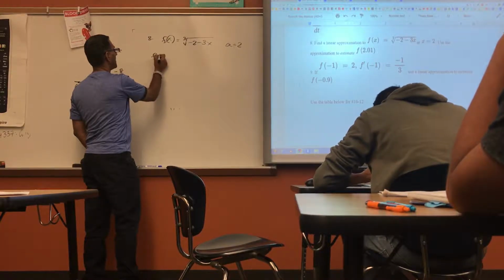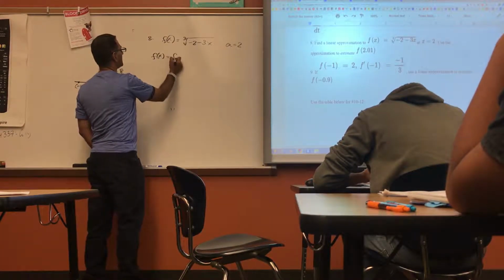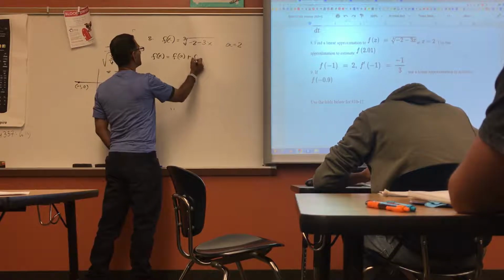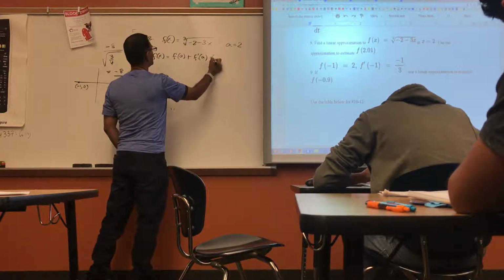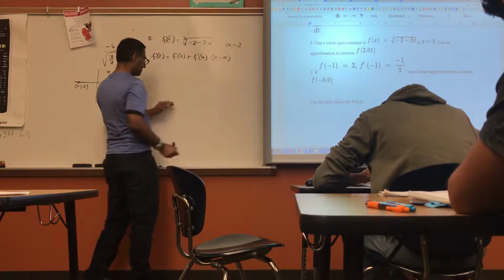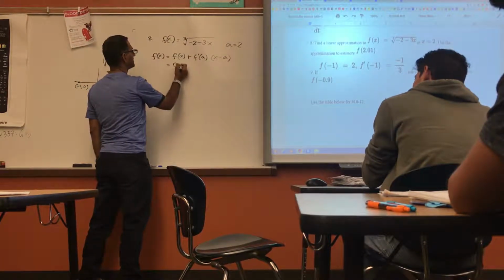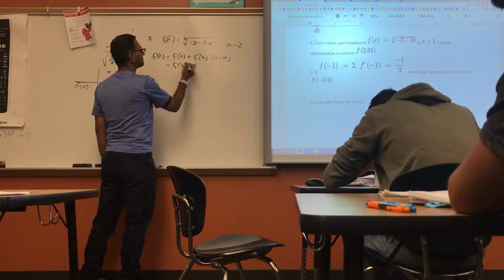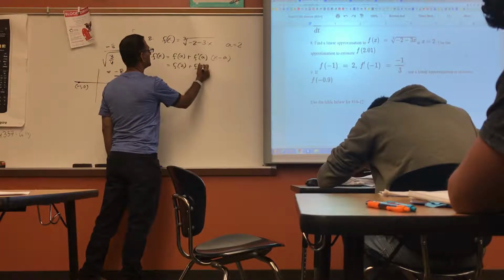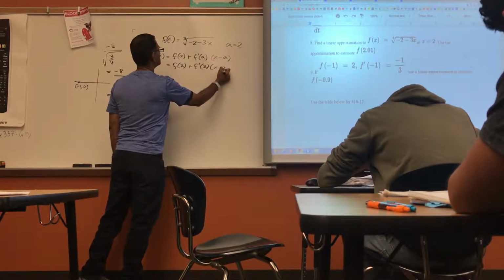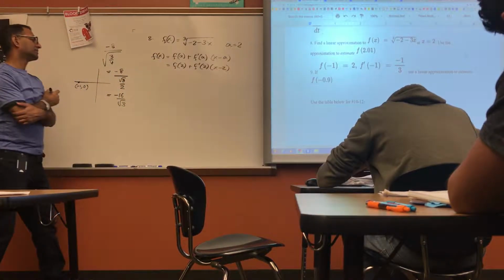Write the formula. So f of x equals f of a plus f dash of a times parentheses x minus a. Okay, we did this yesterday, we'll do it again. Should we plug in a immediately? So you know what to find. Because otherwise you're just staring at the thing, what's going on? So what do I need to find first? f of 2.